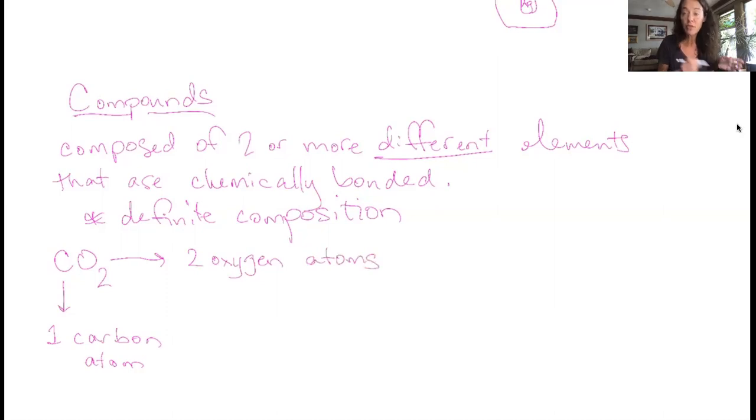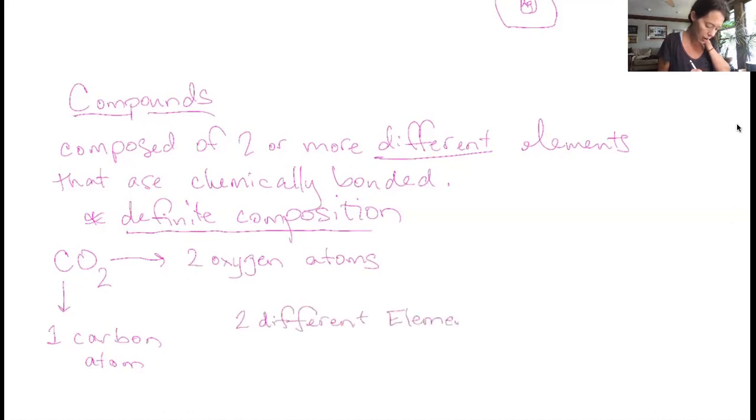If it changes, then it's not carbon dioxide, it's not CO2. So that's what we mean by definite composition. And we can see that in this compound, there are two different elements. However, there are a total of 3 atoms, 2 of which are oxygen, 1 of which is carbon.